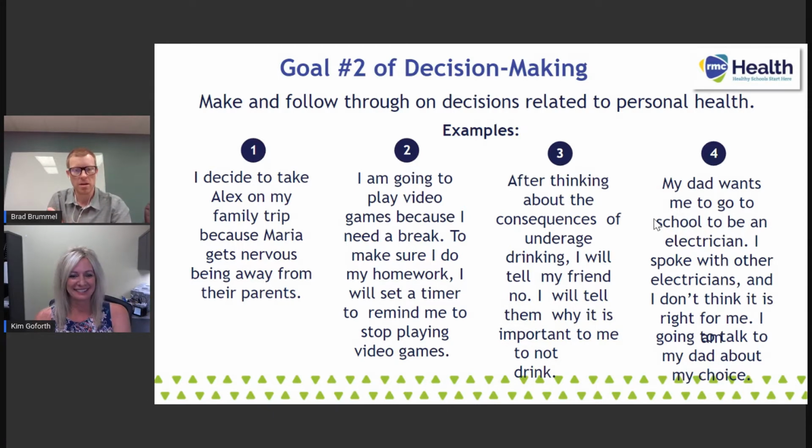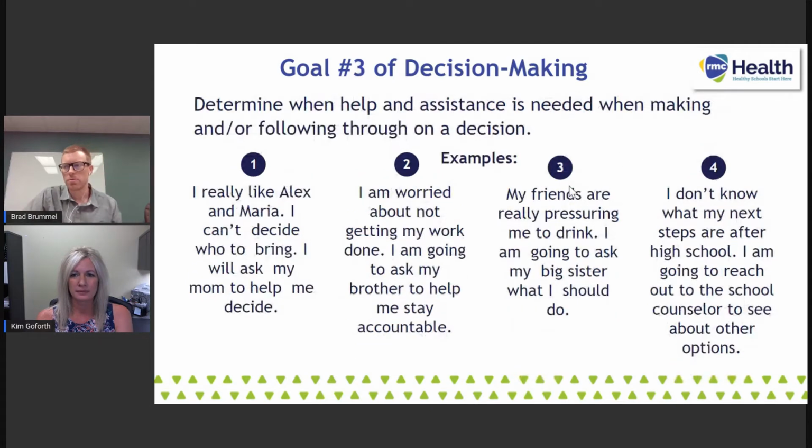And again, here we've got some great examples. To stick with number 3, after thinking about the consequences of underage drinking, I will tell my friend no. I will tell them why it is important to me to not drink, and that why is going to help with that follow through.